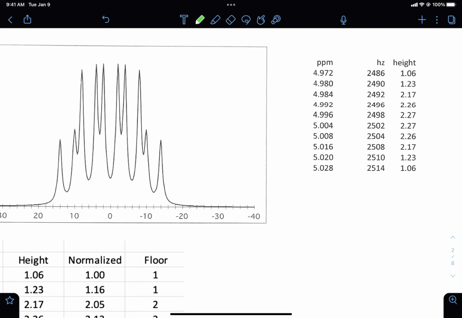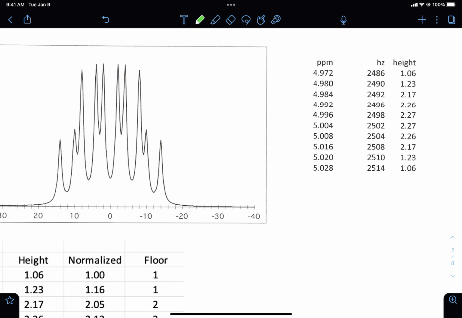We have the ppm, so the actual chemical shift. We have the frequency, the raw frequency. Remember, ppm is always relative to TMS, but these frequencies are the raw frequencies. And then the height, the integration of these peaks. So if we have this raw data, and in fact, I'll show you, you only really need the frequencies.